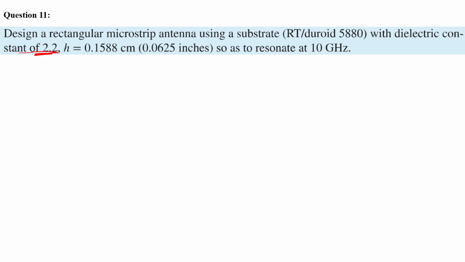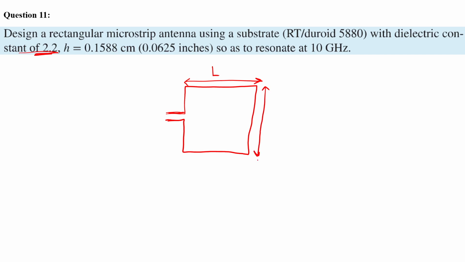Designing a rectangular microstrip antenna means we have to find out the length and width. Let's say this is the microstrip antenna, this is the feed here, this is the length, and this is the width. So we have to find L and W for this.